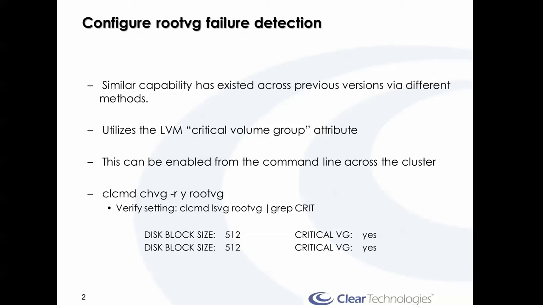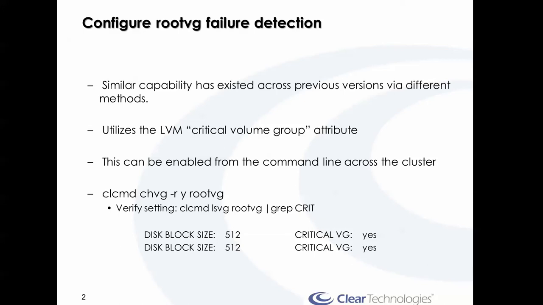Back in version 7.0 of PowerHA, I'll spare you most of the technical details, but there was a Rootvg system event added that was really a combined effort of Cluster Aware AIX, the PowerVM via the VIOS, and PowerHA teams to have that come to fruition.